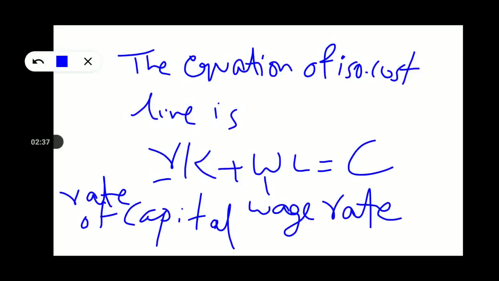The absolute value of the slope of the isocost line, with capital plotted vertically and labor plotted horizontally, equals the ratio of unit costs of labor and capital. Let us understand the isocost curves with the help of an isocost schedule.